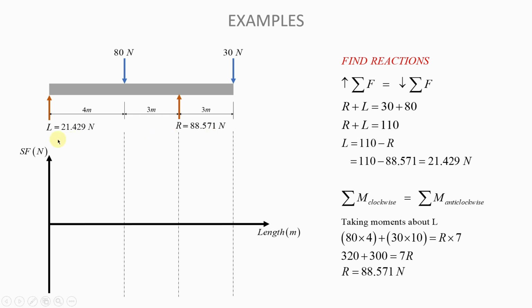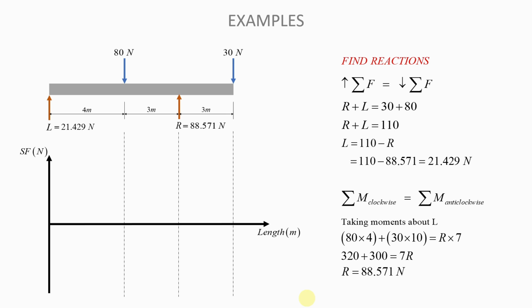So you have one at the beginning of the beam, but this will coincide with the vertical axis. And then one where you have the point load of 80 newtons, here where you have the reaction, which is also a point load on the beam, and then at the end of the beam, okay? These places are locations of interest, and so you need to have vertical lines at those locations. It just makes it easy for you to draw your shear force diagram.